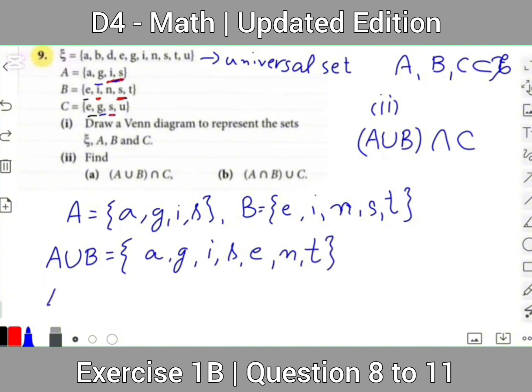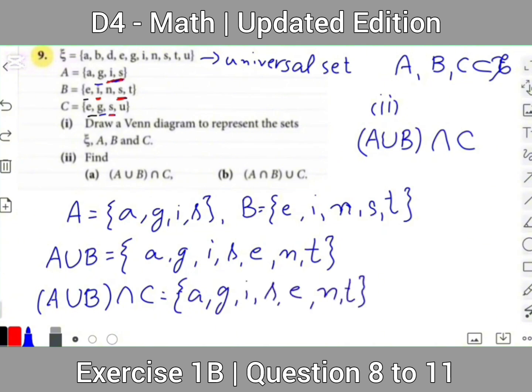And now we will take the intersection of A union B with C. So A union B is {A, G, I, S, E, N, D}, and the set C is {E, G, S, U}. Now we will see the elements that are common to both the sets A union B and C. We will mark those common elements with red.